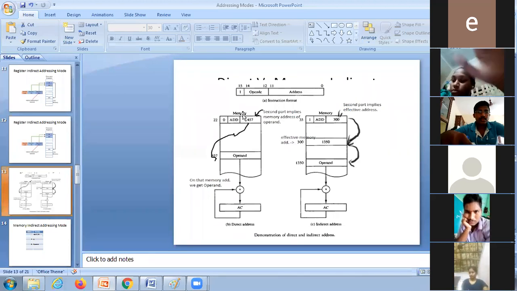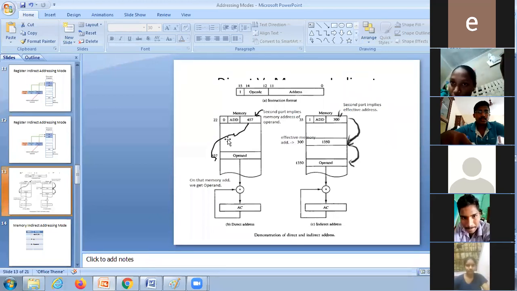All of you note down these diagrams. Here, add 457, where this 457 is the address which contains the operand. This operand is to be added to the accumulator, and the result is again stored in the accumulator. That is the meaning of this.